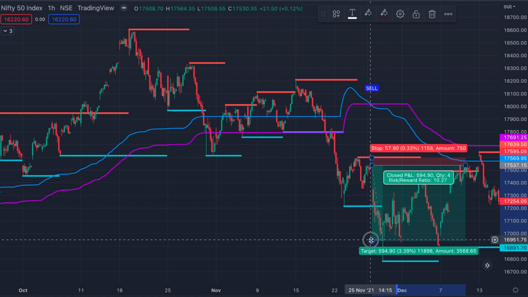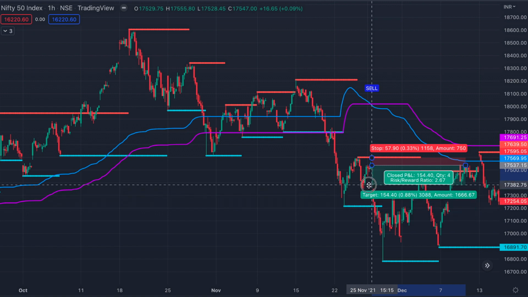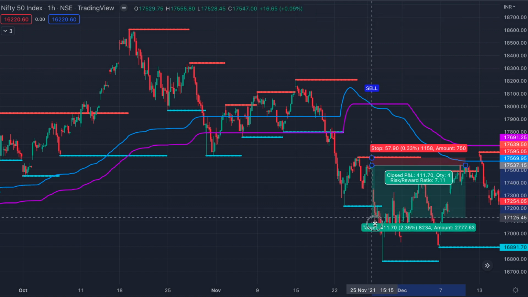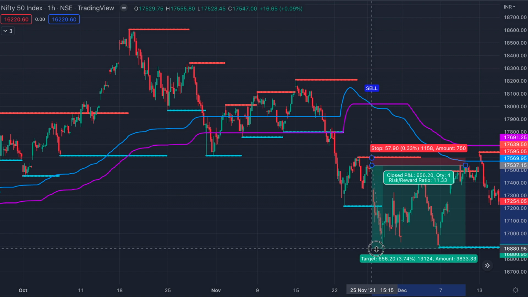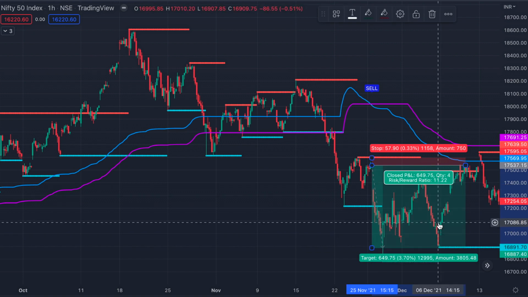The best part of this indicator is that it gives you huge moves. So once you book partial profit over here, you can keep increasing your target levels to how much ever you want. For this sell signal, the risk reward ratio reached up to 11.2, which is insane.